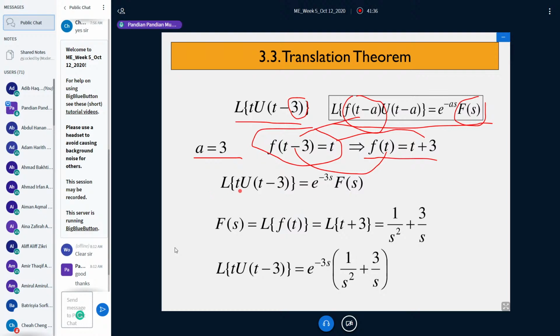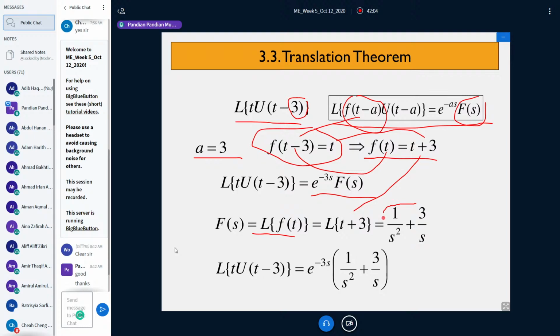So the Laplace of t u(t minus 3), the answer is e power minus 3s F(s). But F(s) is Laplace of f(t), and f(t) is t plus 3, that's why it is different. So Laplace of t plus 3: Laplace of t is 1 over s squared, plus Laplace of 3 is 3 over s.